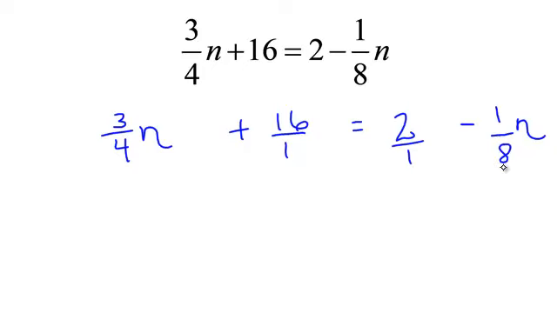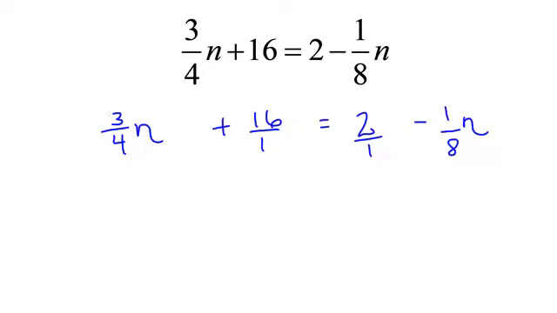But is that my least common denominator? I could go smaller, and the number would be 8. And remember, I can do anything I want to as long as I do it to both sides. So I'm going to multiply both sides by my least common denominator, 8.